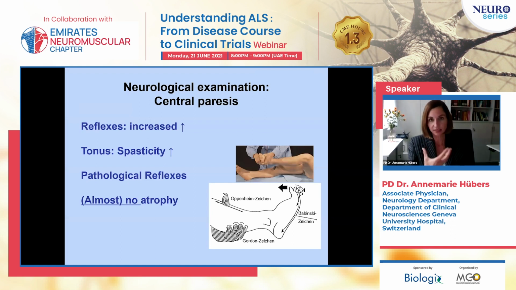And all these signs are pathological reflexes pointing towards a lesion within the pyramidal tracts.